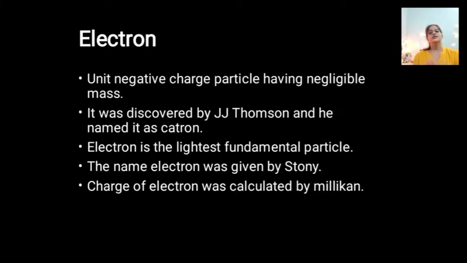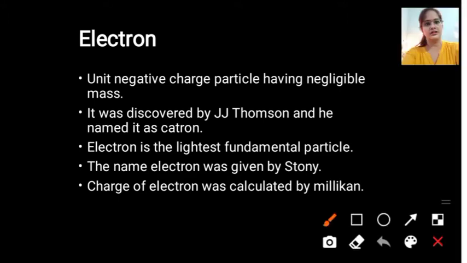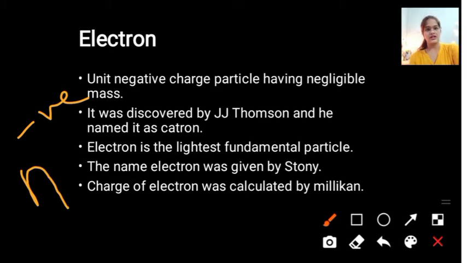Let us discuss all about the electrons. I think you know that the electron is a negative charge. We denote it with the symbol e, with a minus sign for the charge.